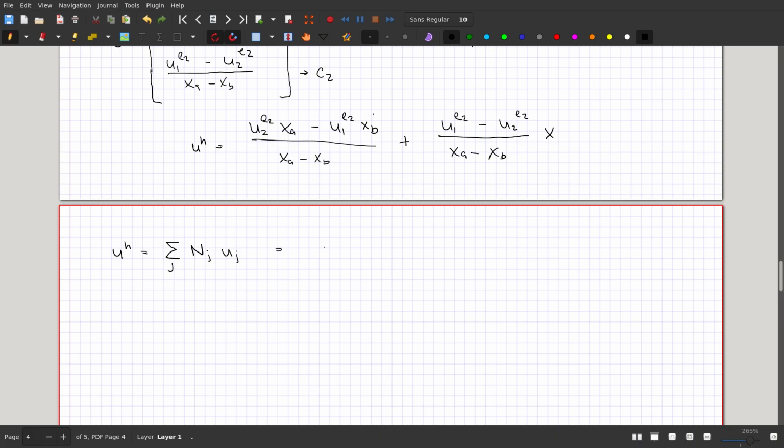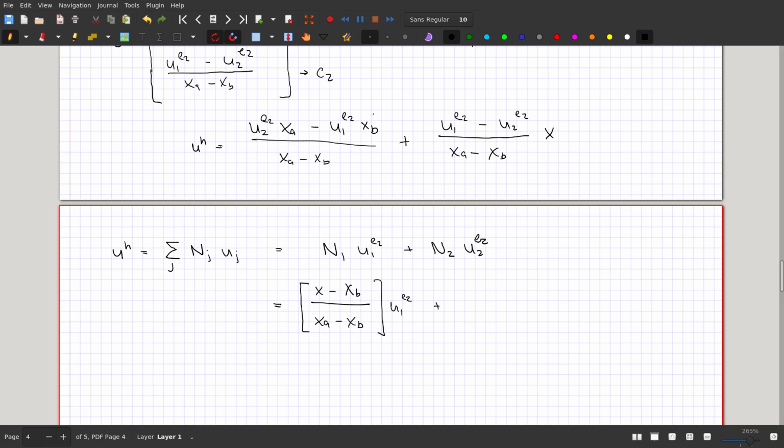And of course, you could write this as N1 U1 e2 plus N2 U2 e2, or taking this equation and writing it in this form, basically pulling out the U1's and U2's, I'm going to have this. So this is N1, and this is N2.